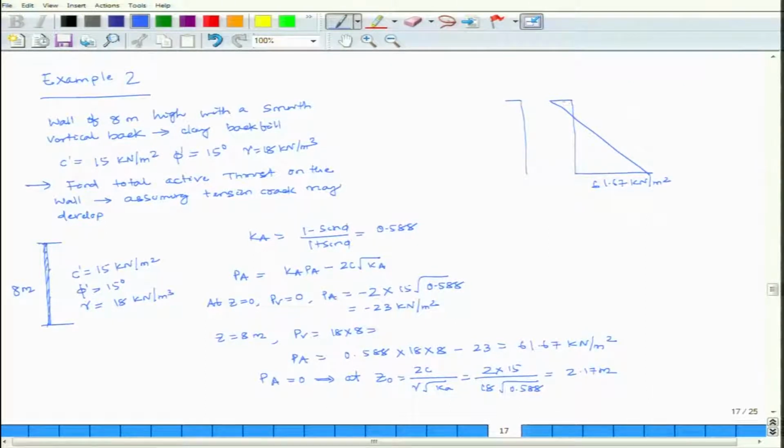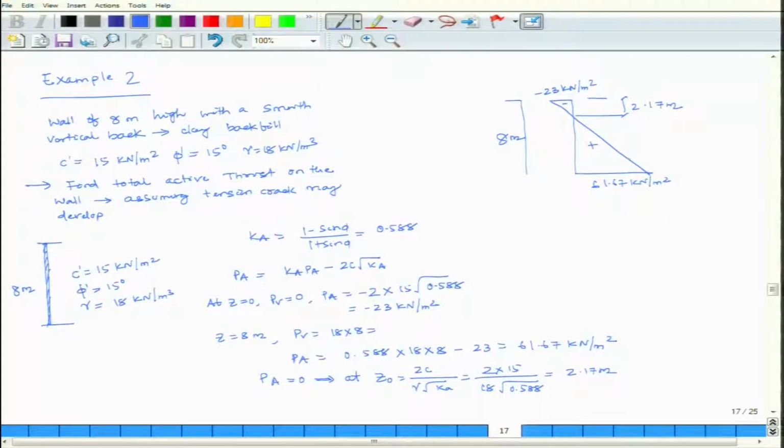Here it is minus, here it is plus, and this is your 8 meter height wall. Here it is minus 23 kilonewton per meter square, and this height is where Pa is equal to 0. This height is 2.17 meter. This is how your earth pressure distribution diagram will come.